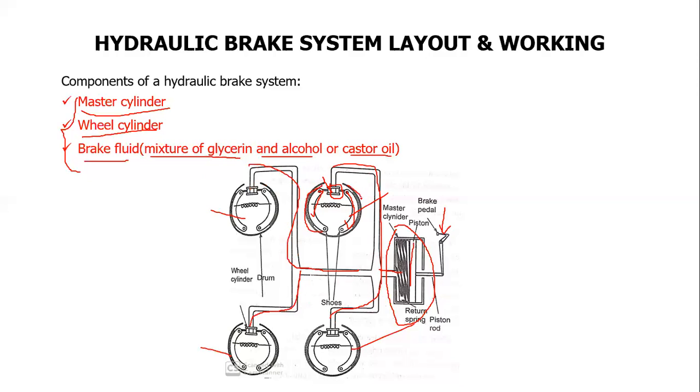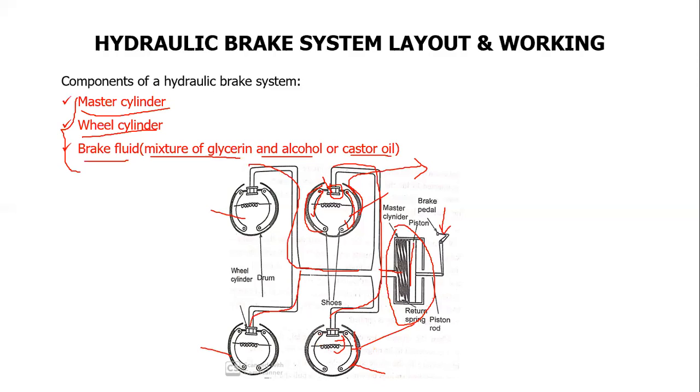In this action, a frictional force is created in this region. Once the wheel cylinder presses the brake shoe against the wheel rim, in this region we experience a frictional force between the brake shoe and the wheel rim.